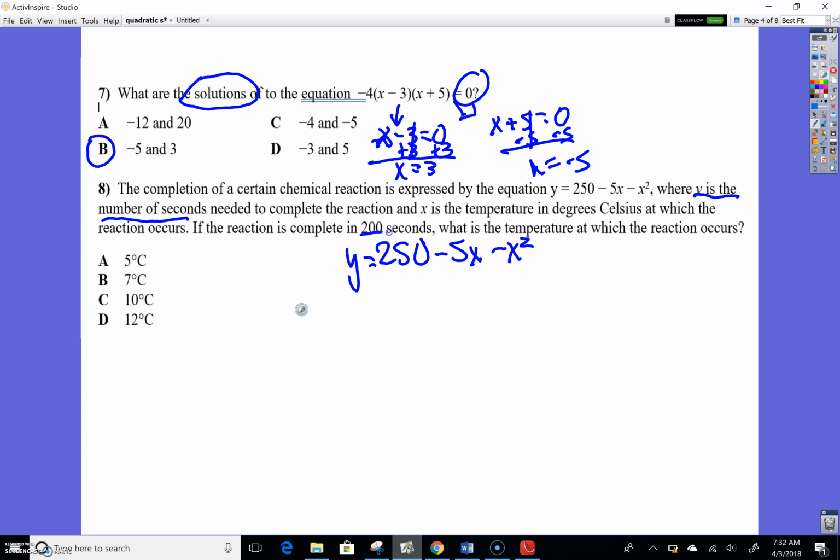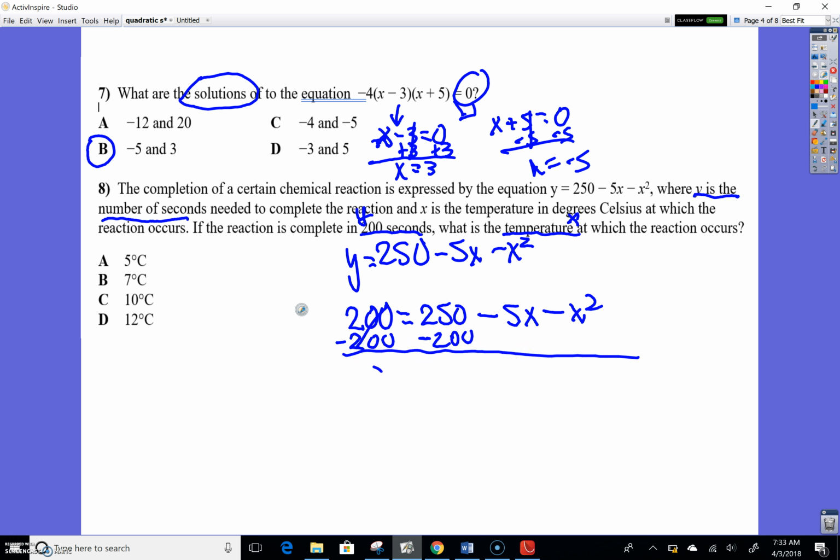If the reaction takes 200 seconds, so this is going to be our y, I'm going to go 200 is equal to 250 minus 5x minus x squared. We are looking for the temperature, the x. So remember, same way, I'm going to subtract 200 from both sides. So now I have 0 is equal to 50 minus 5x minus x squared.